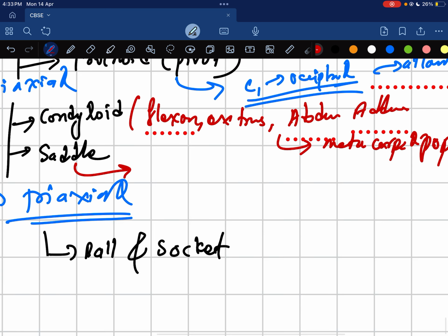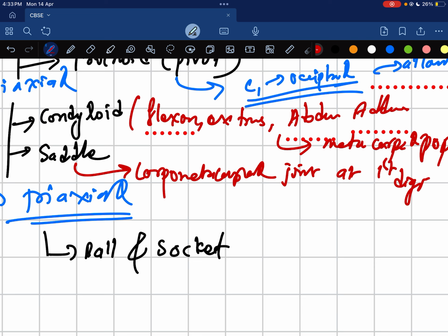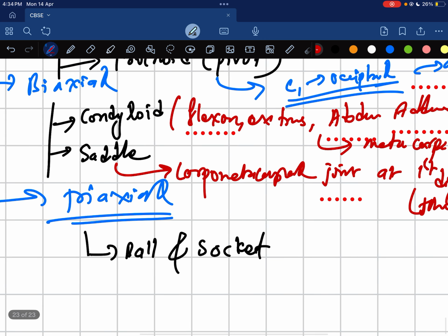In the saddle joint, like the carpometacarpal joint at the base of the first digit, the thumb, it permits flexion, extension, and also abduction and adduction.